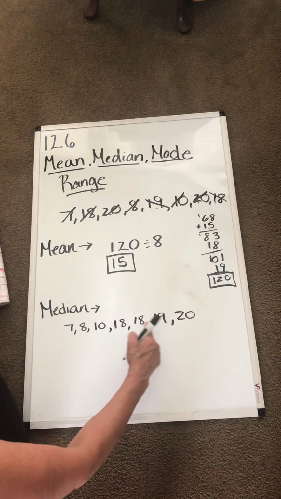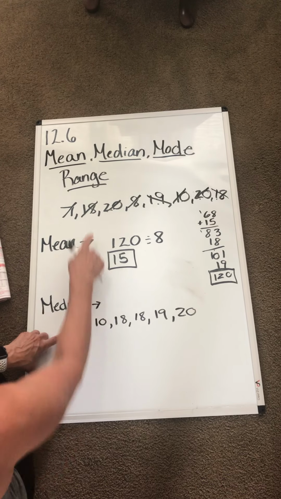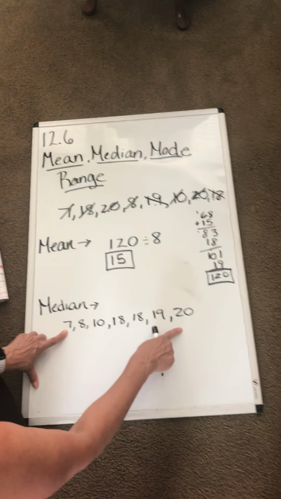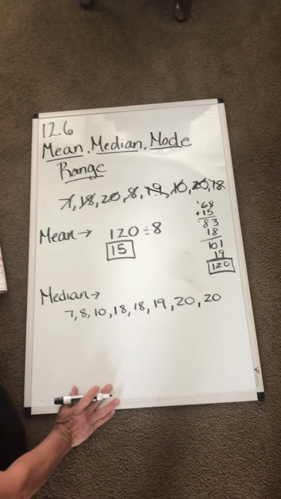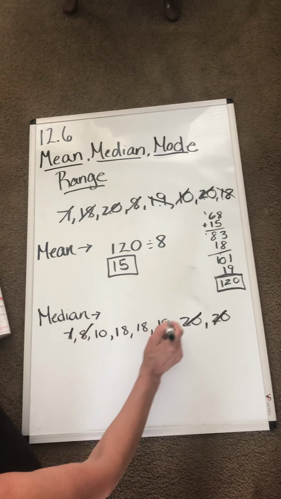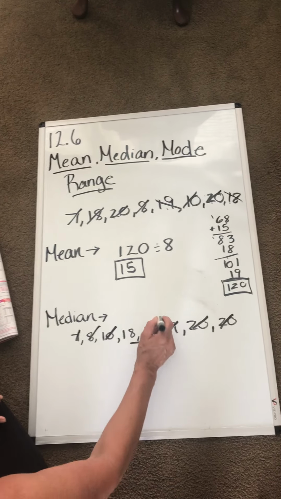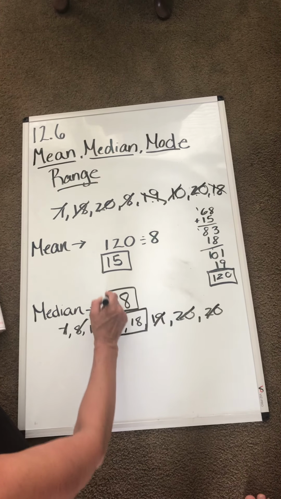Let's make sure. 1, 2, 3, 4, 5, 6, 7. I'm missing a number. So 7, 18, 20. Oh, there's another 20. So we're double checking. And so when I look for the median, I work from both sides and move in. And since both my numbers are 18, your median is 18.